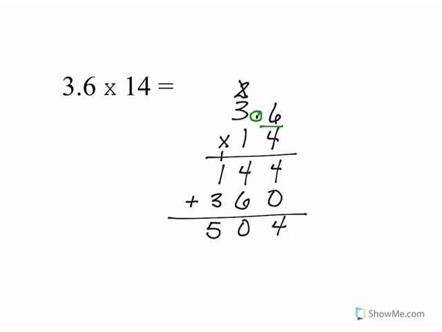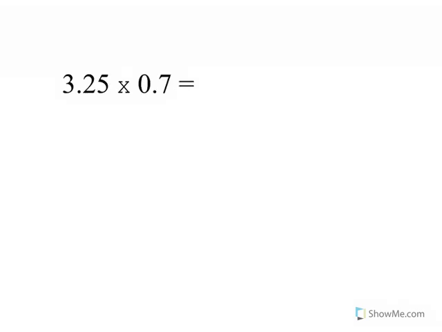So in my entire problem, I have 1 decimal and 1 digit after that decimal. So in my answer, I need 1 digit after the decimal, and my decimal belongs right here. My answer then is 50 and 4 tenths. Let's take a look at the next problem.